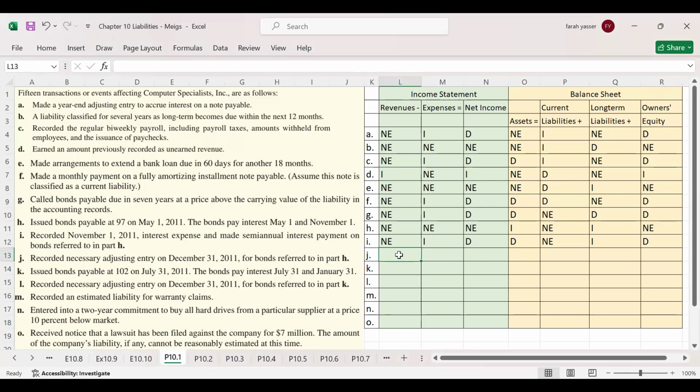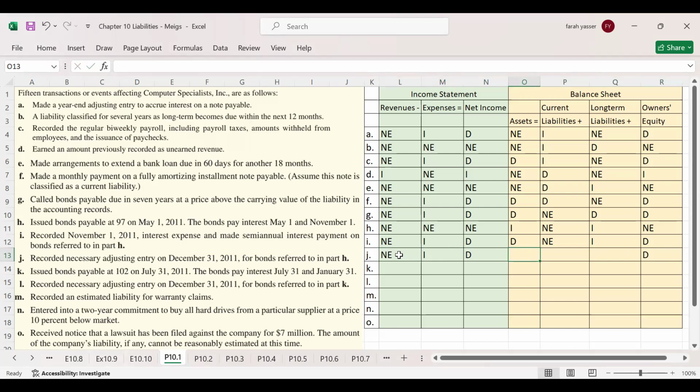So, in this case, interest expense will be increased, and then there's a decrease in net income because of the increase in expenses. So the owner's equity will also be decreased. There's no impact on revenues.